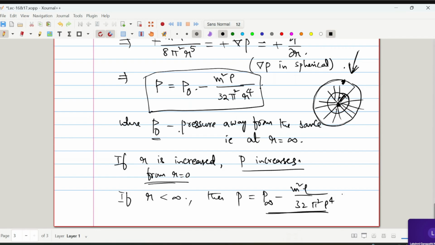So basically this decreases from infinity to R, right? Now we are looking from 0 to R, from the origin. From the origin to R, in the opposite direction, this basically increases. If you come from infinity to R, it basically decreases naturally. That's what you are saying. Okay. Any question here?